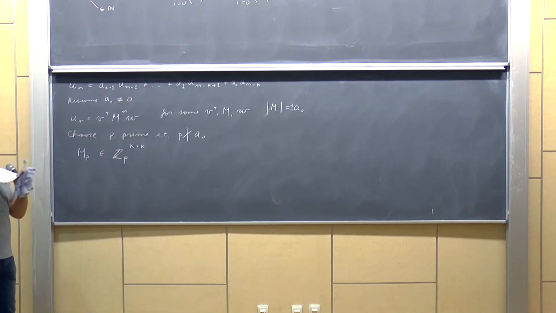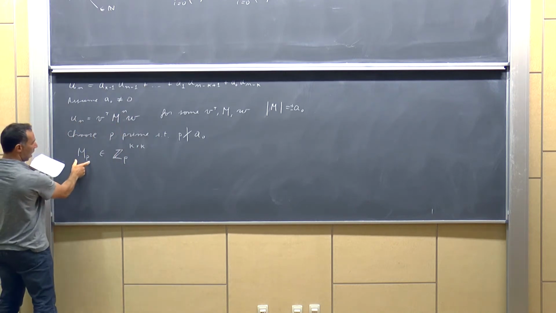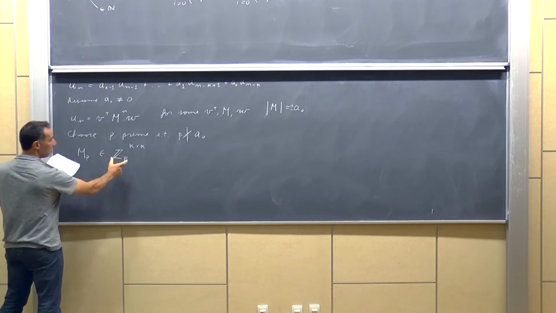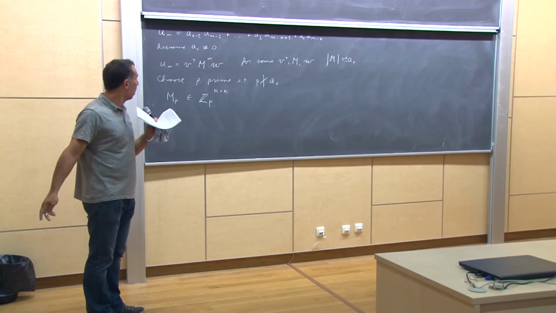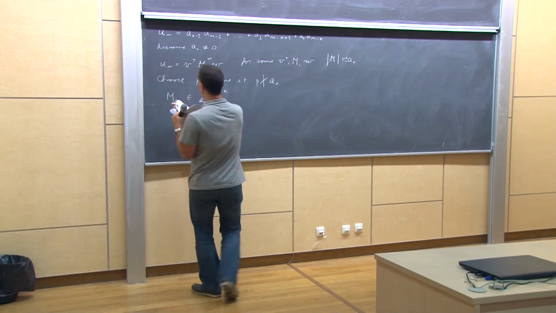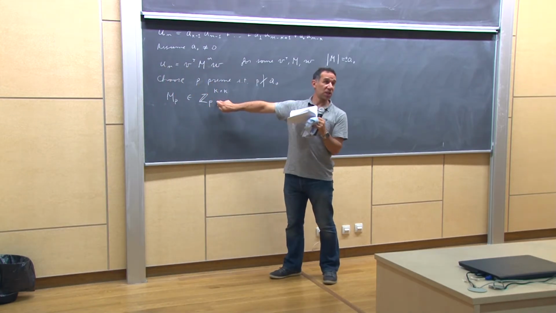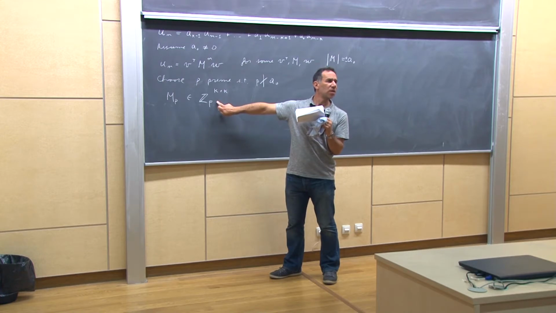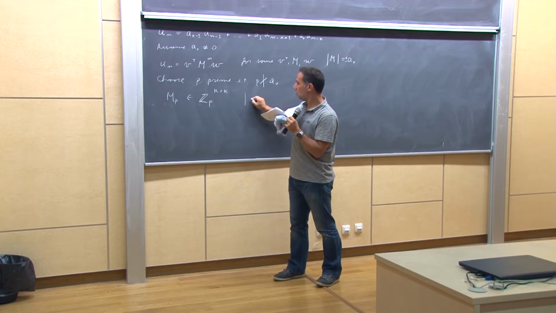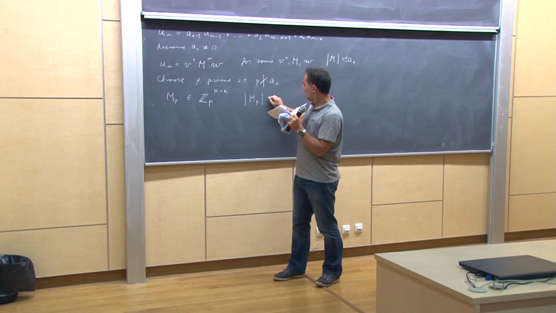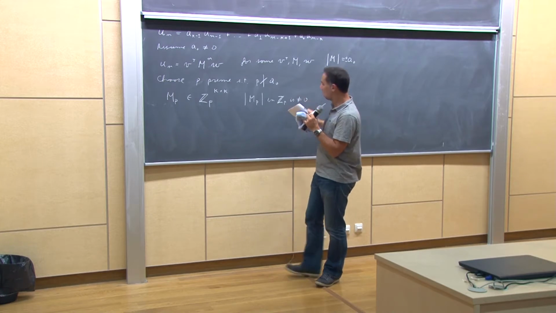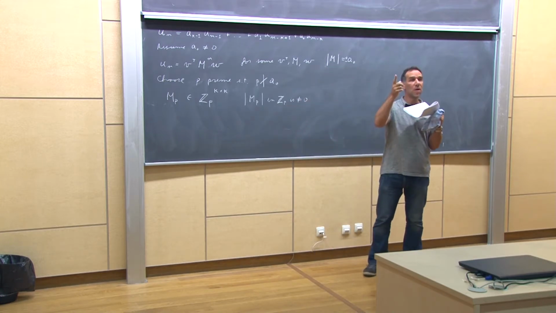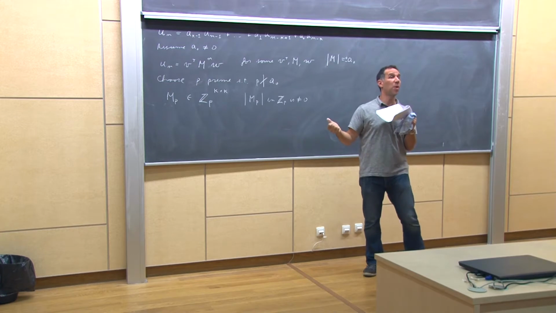M is a k by k matrix, and I'm looking at the image of M projected into the field Z_p. Okay? And I know that the determinant of M_p computed in this field is not 0. Why do I know this? Because a0 is not divisible by P.